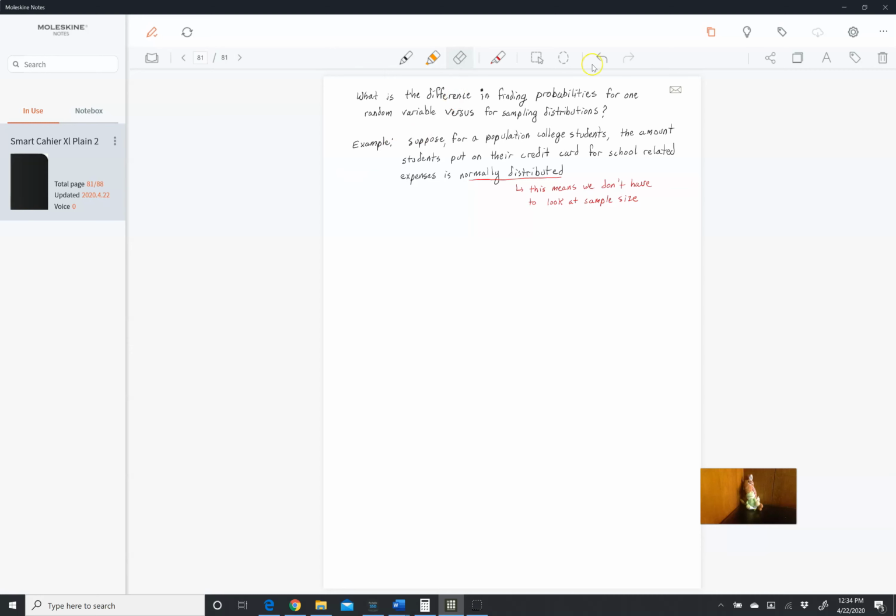Okay, now we're going to be given a mean and a standard deviation. So the mean is $615. And the standard deviation is $550. So let's take one where we're not talking about a sampling distribution. We're talking about one student.